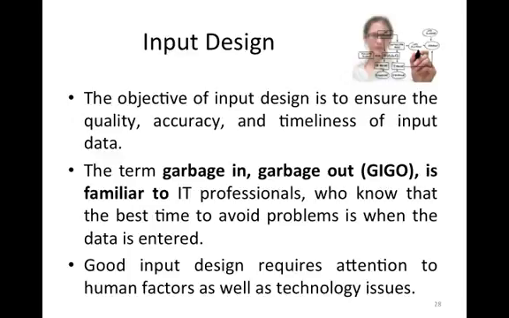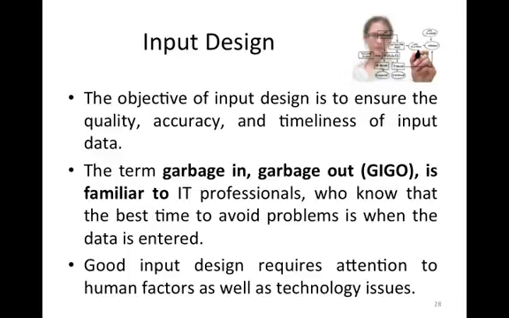So while we want it to be pleasingly aesthetic and we want to help users accomplish their tasks, we also need to make sure that the data that we get in this process is of high quality, it's accurate, it's correct in every way. And so there's a very common term in computer programming called garbage in, garbage out.